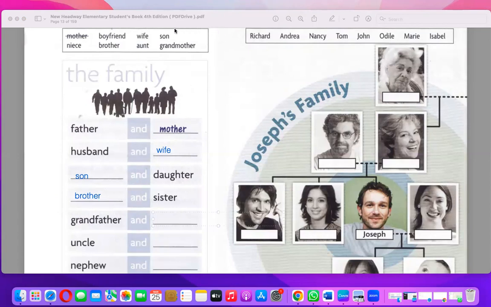Yasmin or anyone else who wants to answer? Grandmother, very good. Uncle, the opposite of uncle. Aunt. Nephew, and the female part of nephew. Niece, very good.